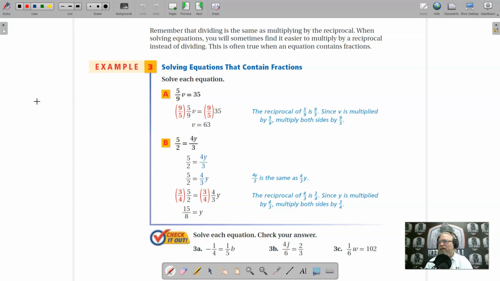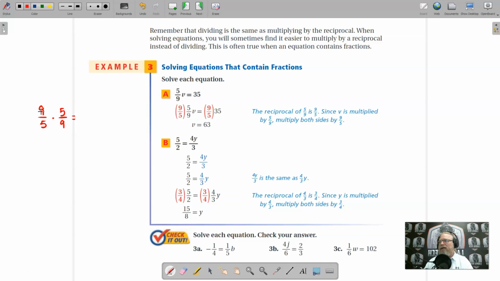And here's the reason that that works. The reciprocal is whenever you just flip the fraction: the numerator becomes the denominator, and the denominator becomes the numerator. So it's just flipping the fraction over, right? So let's take this 9 over 5, and then we're multiplying it times 5 over 9.